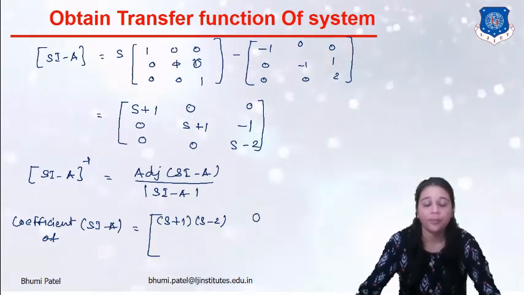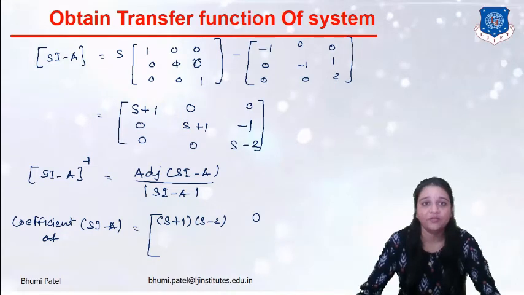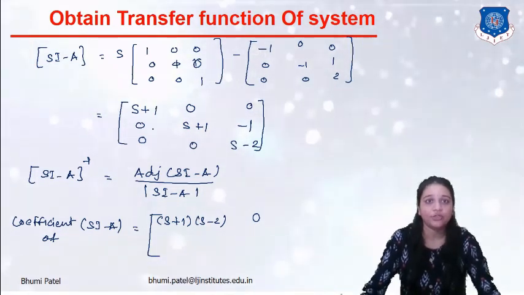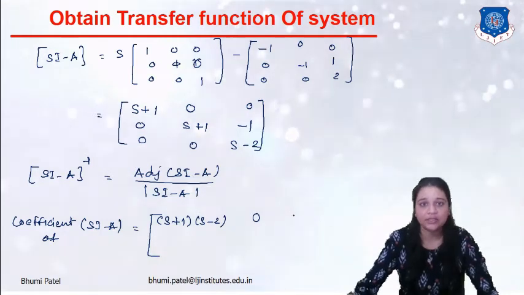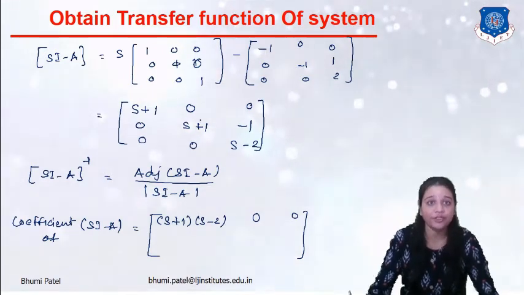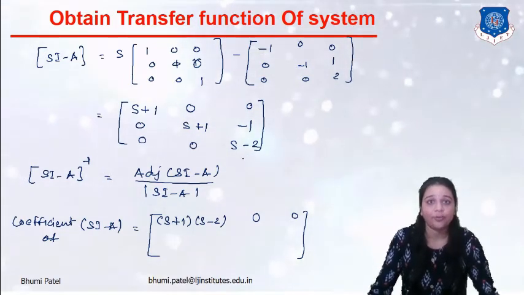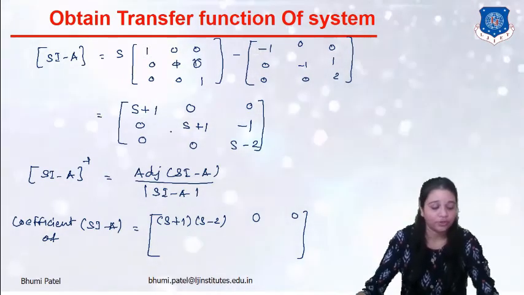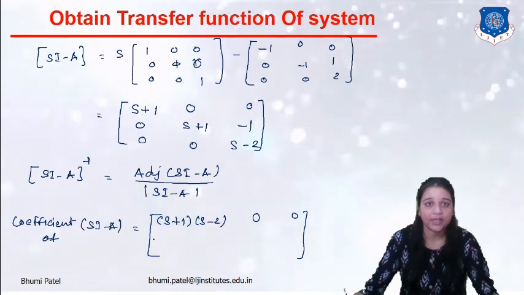Again in the third value we cannot consider the first row and the third column, so multiply 0 into 0, 0 into S plus 1, so it is 0. Now next, we cannot consider the second row and the first column, so multiply 0 into S minus 2, 0 into 0, so we can get the value of S minus 2.